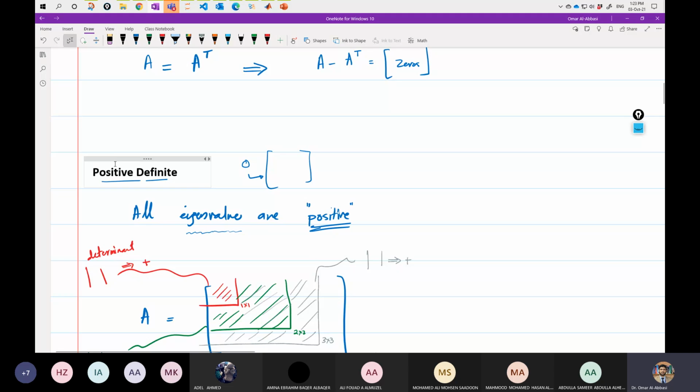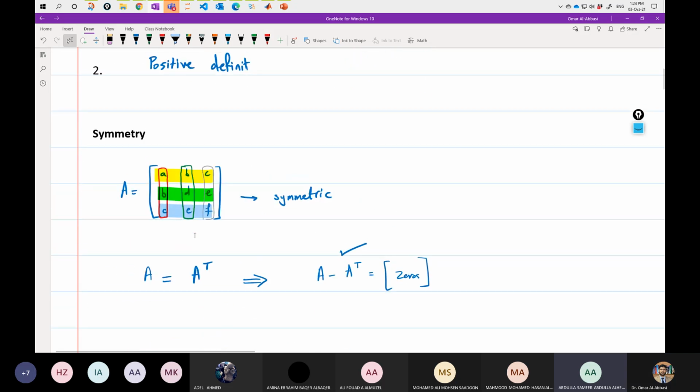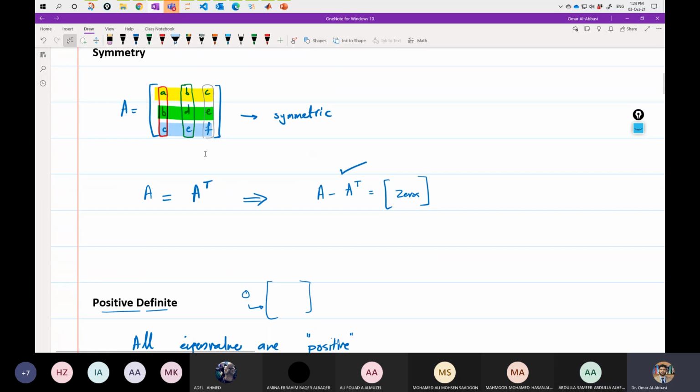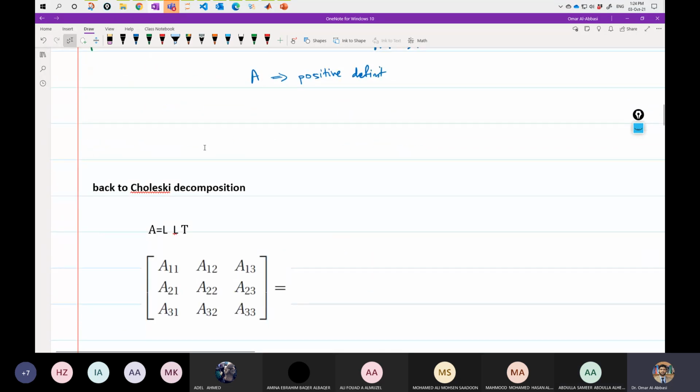In order to check whether Cholesky's method is applicable. If it fails one of them, what do we conclude? We can't apply the method. Exactly. Cholesky's method is not applicable.